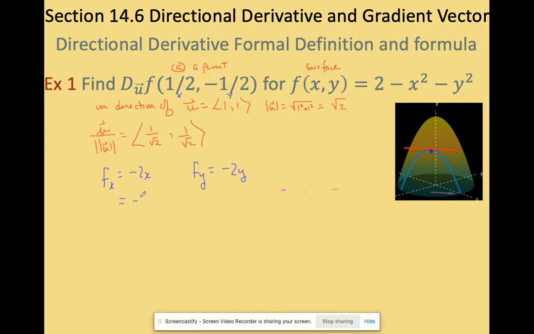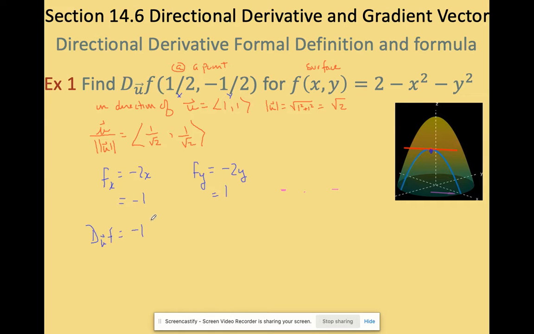At that point it is negative 2 times a half. So that's negative 1. And what is the partial of y? Negative 2 times negative a half. So that's positive 1.